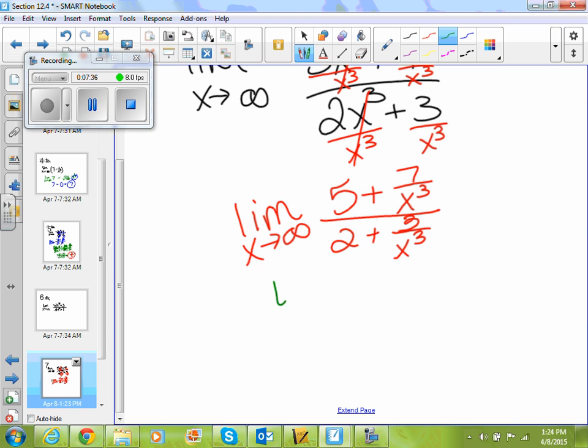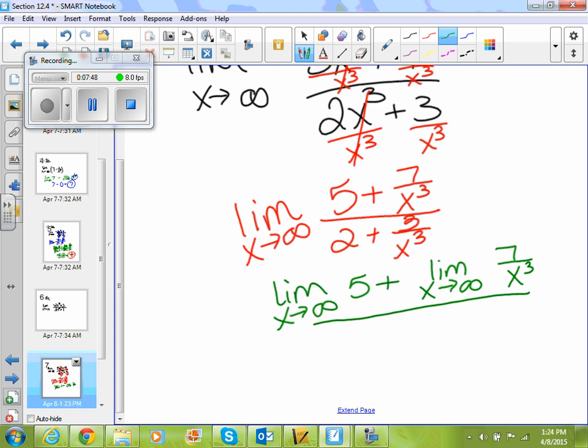So if I distribute my limit, then the limit as x approaches infinity of 5 plus the limit as x approaches infinity of 7 over x cubed, divided by the limit as x approaches infinity of 2 plus the limit as x approaches infinity of 3 over x cubed.